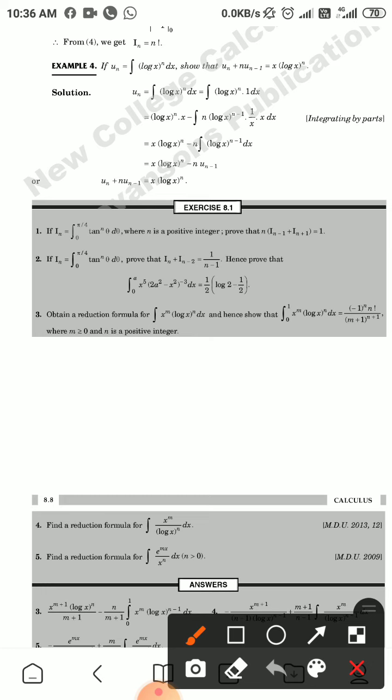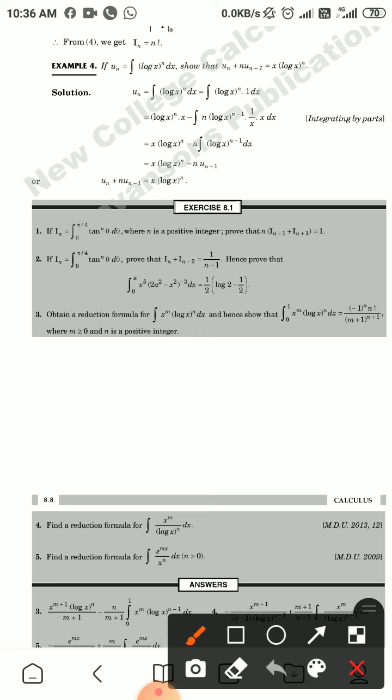As for the solution, u(n) is given as integral (log x) raised to power n dx, taking 1 as second function. Therefore, integrating by parts, (log x) raised to power n into 1, the integral of 1 is x, minus the integral of the derivative of the first, decreasing the power by 1, n into (log x) raised to power n minus 1 into 1 by x, into x.